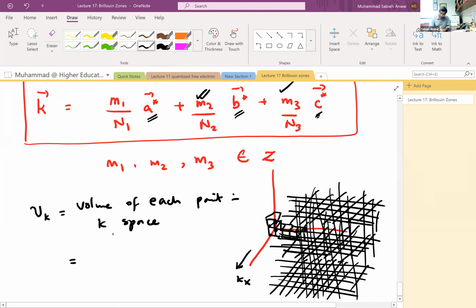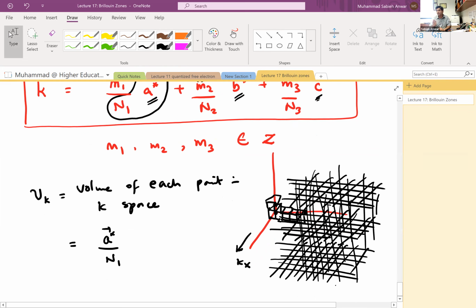What you do is you move 1 unit in the direction of a star, and when you move 1 unit, how much have you moved? You have really moved a star dotted with n1. So if you increment m1 by 1 unit, this is the distance that you move, a star divided by n1.